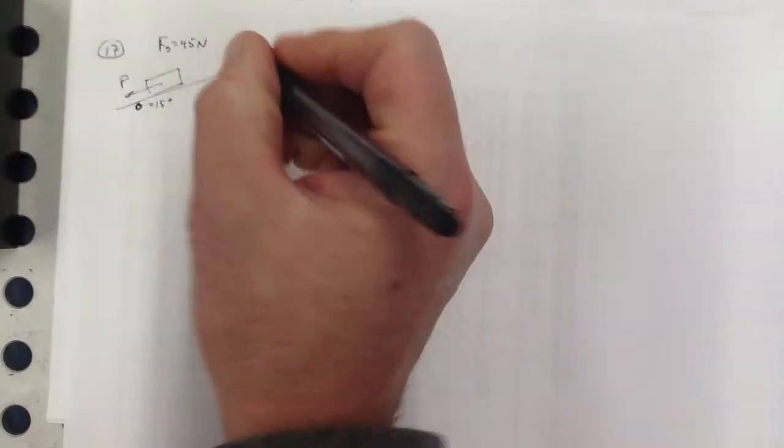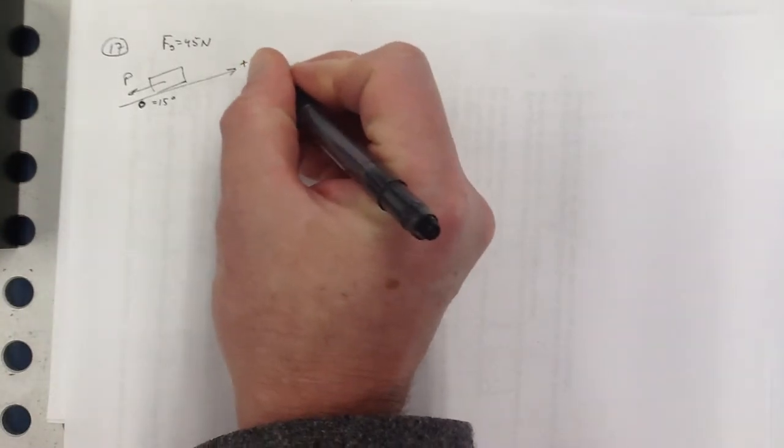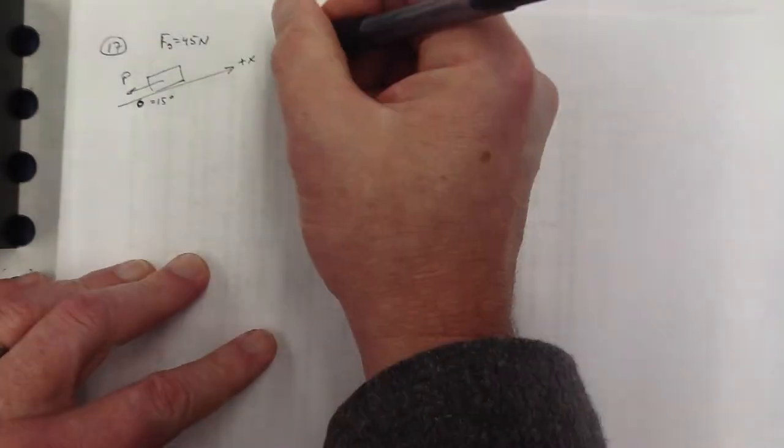The block is initially at rest on a plane inclined at 15 degrees to the horizontal. The positive direction of the x-axis is up the plane. And the coefficients of friction between the block and plane are 0.5 and 0.34.